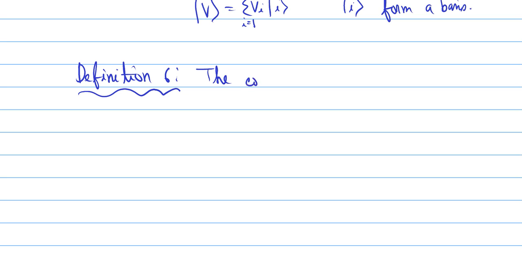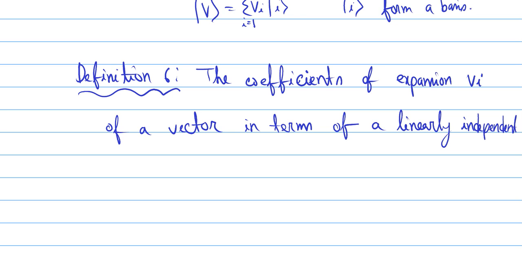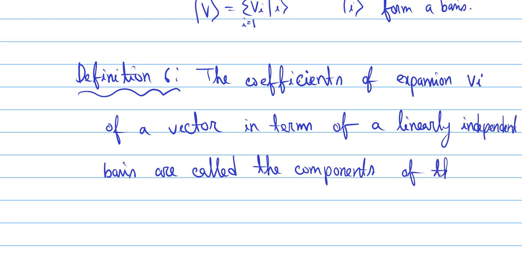The coefficients of expansion vi of a vector in terms of a linearly independent basis are called the components of the vector in that basis.